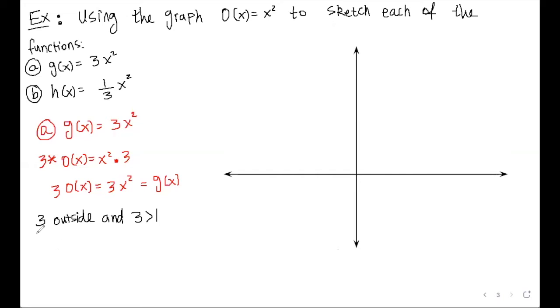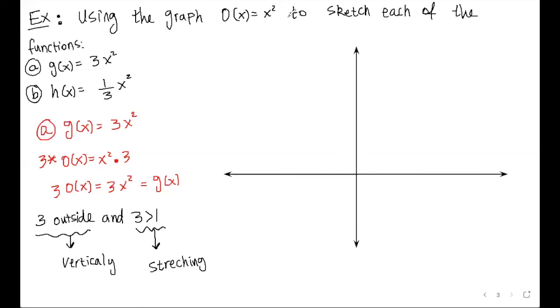A number outside means vertically, and 3 is greater than 1, so this means stretching. So we graph the original one.